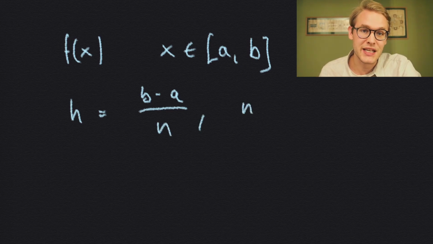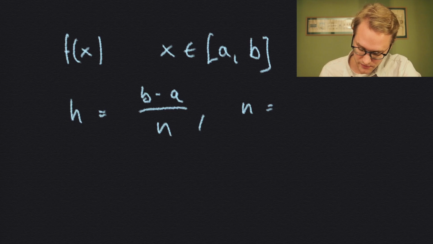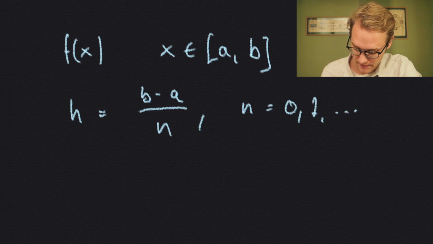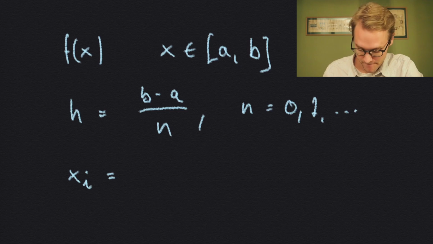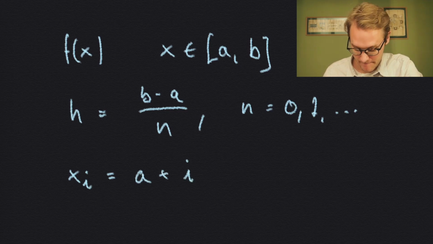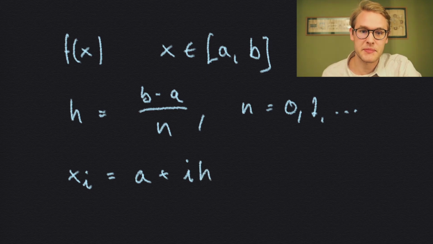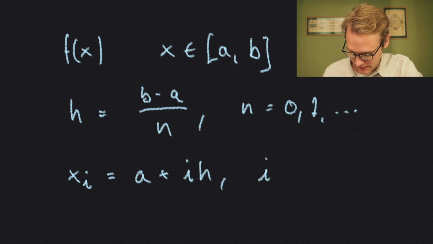So n is any integer, hopefully larger than 0. So at the nodes, x i would be the starting point plus i times the step size, and i would be 0, 1, and so on, all the way up to n.